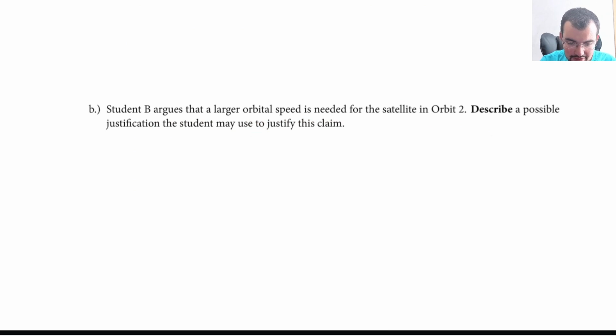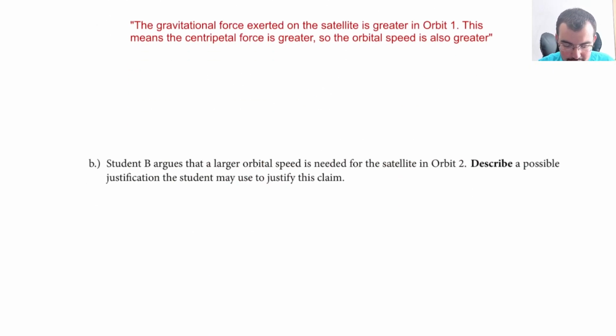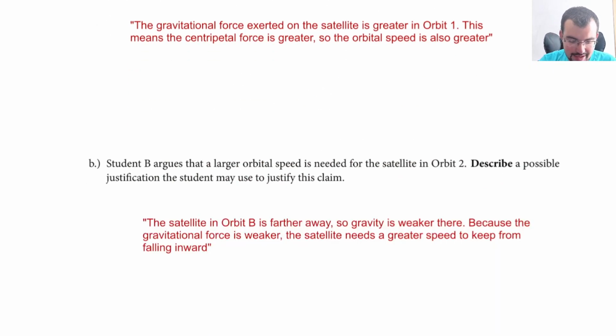But student B might think the speed is larger in orbit 2. So what might they say? They might just look at the centripetal force equation. Student B might say the satellite in orbit 2 is farther away, so gravity's weaker there, and since the gravitational force is weaker, you might need a greater speed to keep it from falling inward.